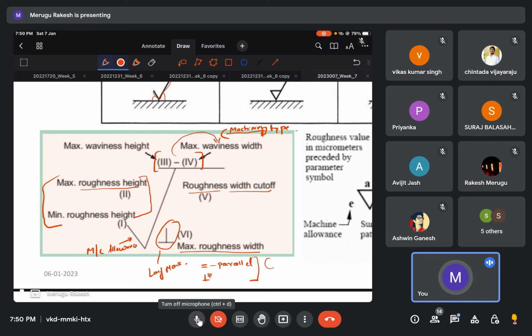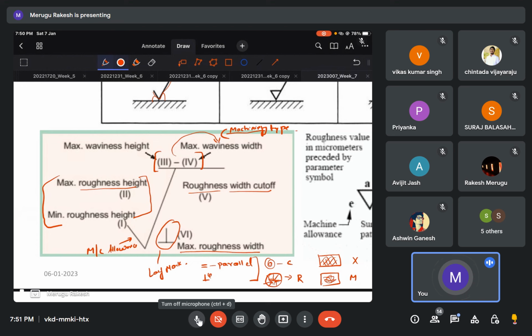Suppose you have this type of pattern, that is the circular lay mark, given by capital C. If the lay mark is pointing toward the center, that is radial, denoted by R. Suppose we have knurling, then we give X, the crossed lay mark, and the multi-directional lay mark is given by M. There is no particular direction in that case, as in the grinding operation.